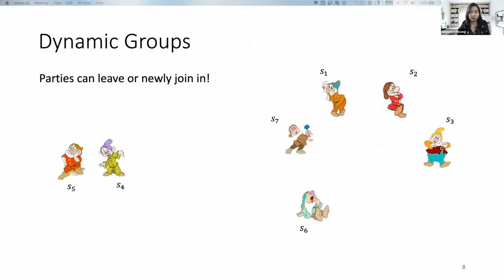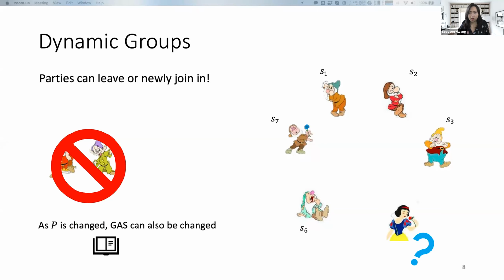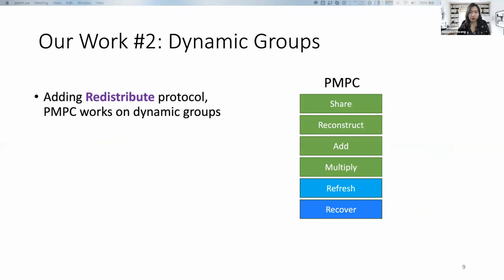However, the leaving parties should not be able to use their shares to get any information about the secret, and the newly joined parties should get shares that can reconstruct the same secret. Naturally, as the group changes, the GAS should also change. This can be done by a protocol called redistribute, which redistributes a new sharing of the same secret to the new group. By adding this protocol, the PMPC now works on dynamic groups as well.